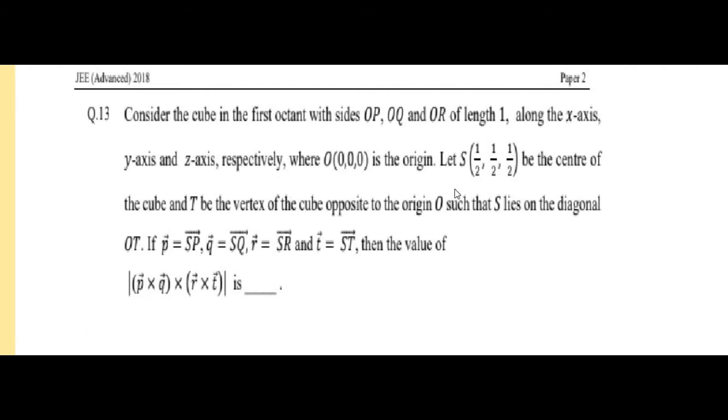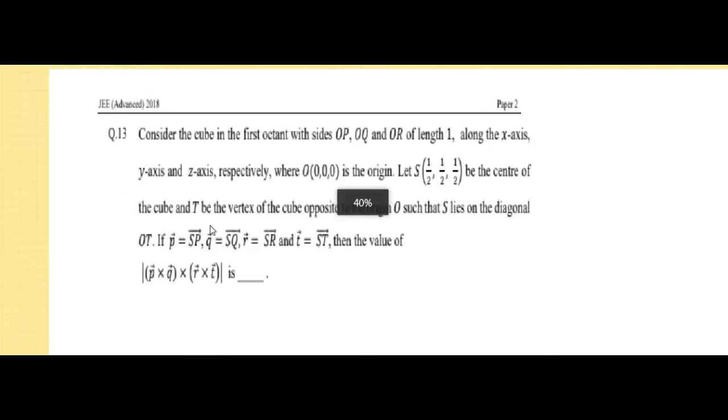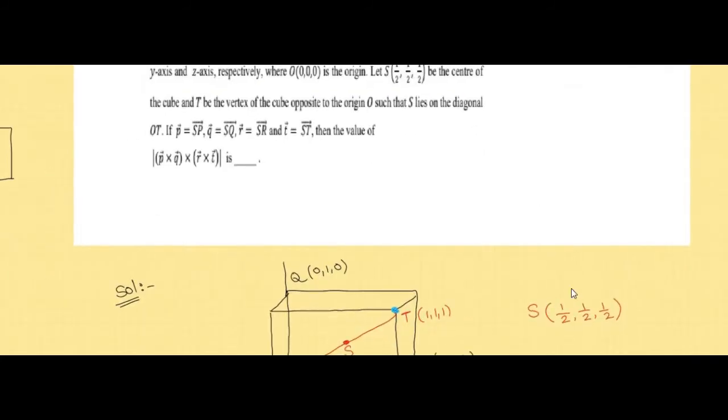Origin is one of the vertices, and S (1 by 2, 1 by 2, 1 by 2) is the center of the cube, the midpoint of the diagonal. T is the vertex of the cube opposite to origin O, such that S lies on the diagonal OT. SP, SQ, SR, ST are respectively represented by vectors p, q, r and t. Then we need to find the vector product of these 4 vectors.